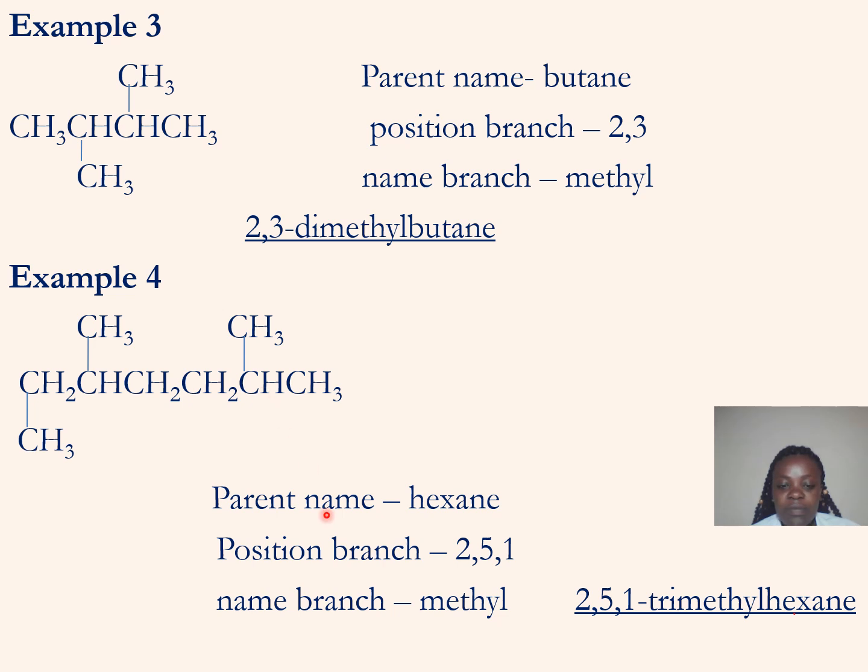Then the name of the branches, all of them are methyls. Since they are the same, we use the prefix tri. So the name now will be 2,5,1 trimethyl hexane. So that is the name of that isomer.